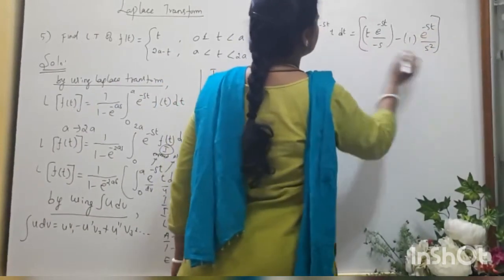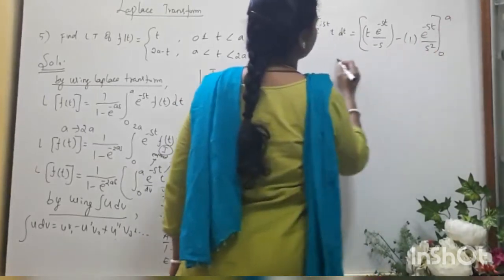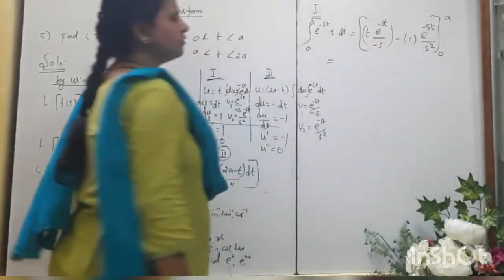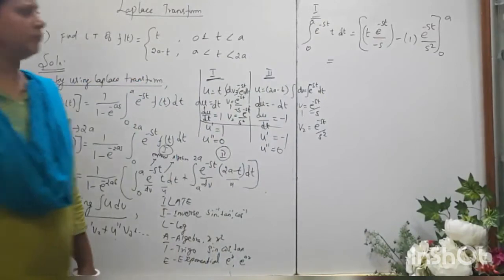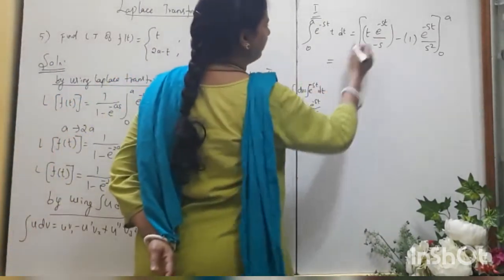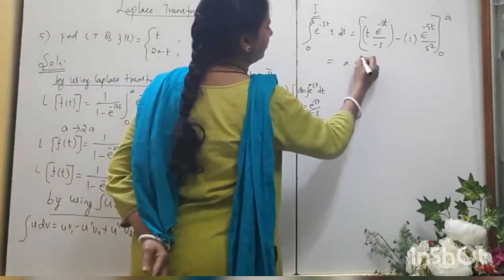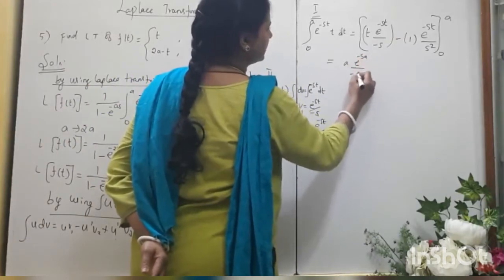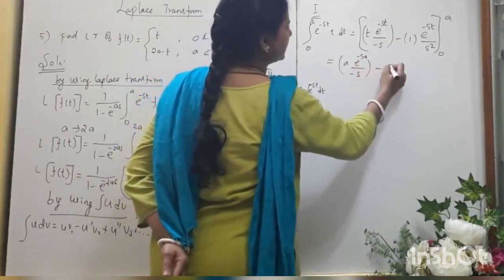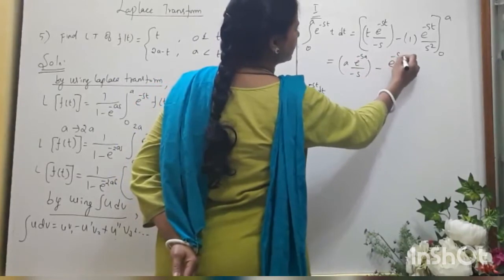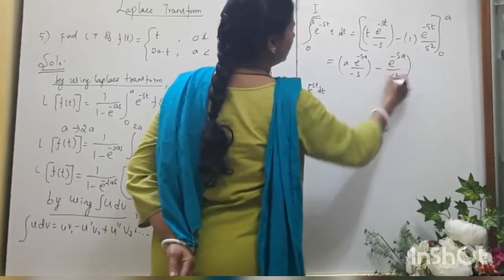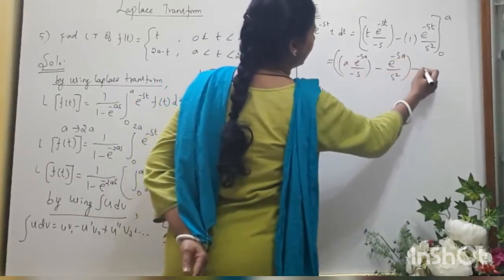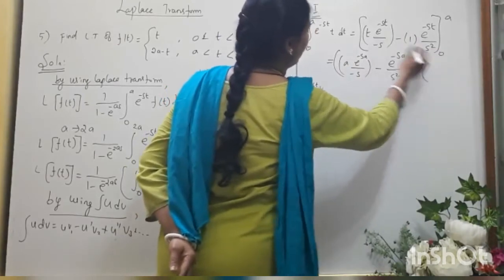Here the limit is 0 to a. So instead of t, first you are applying the upper limit: a into e power minus sa by minus s, minus e power minus sa by s square. Next, minus the lower limit.